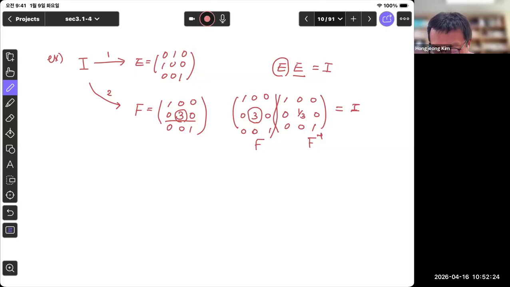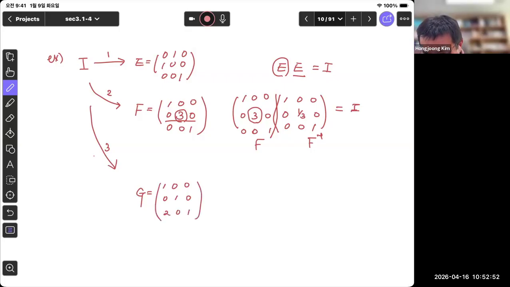And if I consider the type 3 operation, the replacement G, for example, if I multiply 2 to the first row and then add it to the third row, what do I get? The first two rows are not changed, but if you multiply 2 to the first row, you get 2 0 0, and then if you add it to the third row, you get 2 0 1.